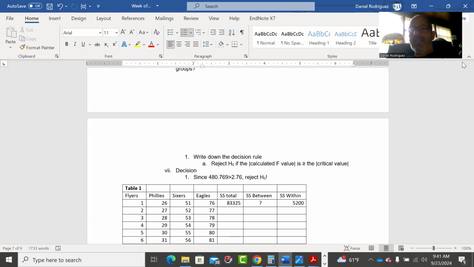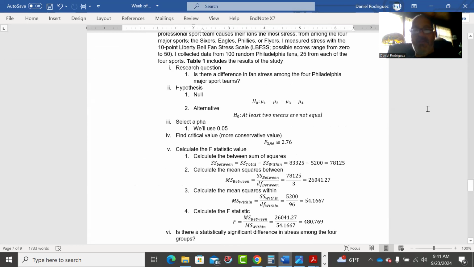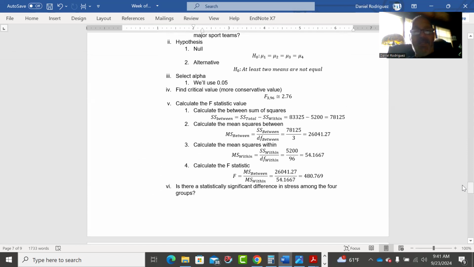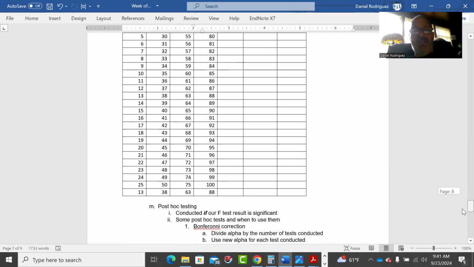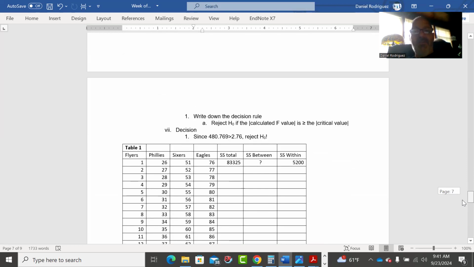So let's go ahead and calculate our test statistic value. So first of all, we have sum of squares between is equal to sum of squares total minus sum of squares within. So I have values already. You'd have to actually calculate these, right? But I would give you these, right? So I'd give you values like this, sum of squares total, sum of squares within.